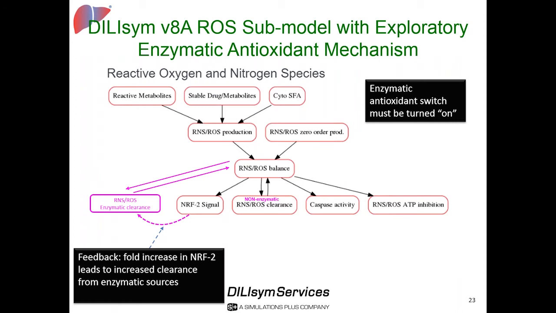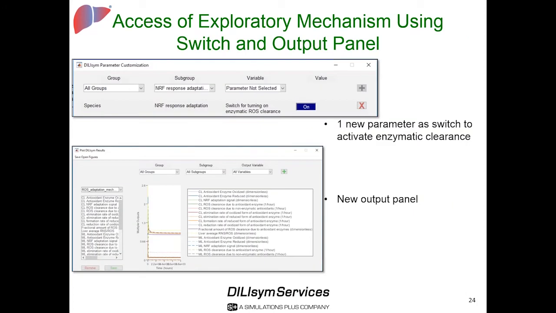However, there's a way that you can now turn on a new enzymatic clearance option. So there would be an enzymatic clearance versus a non-enzymatic clearance of oxidative stress. And now that NRF2 signal that we have already included and previously used only for glutathione homeostasis is now being used for the enzymatic clearance. So to enable this new feature, you go into the species parameters, into the NRF response adaptation subgroup, and there you can turn on the effect, and not only that, but you can also parameterize quantitatively the parameters for that section.